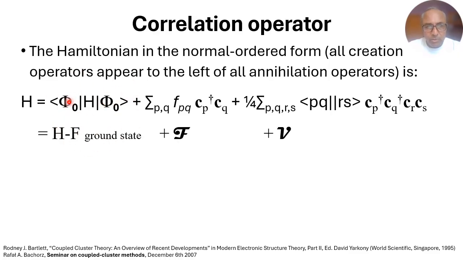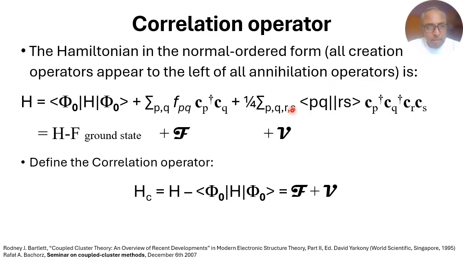So then the Hamiltonian in the normal ordered form is given by the Hamiltonian projected onto the Hartree-Fock ground state plus the sum of the single particle terms, which we call F, plus the sum of the two particle terms, which we call V. We define then the correlation operator HC as the full Hamiltonian minus the projection onto the Hartree-Fock ground state.